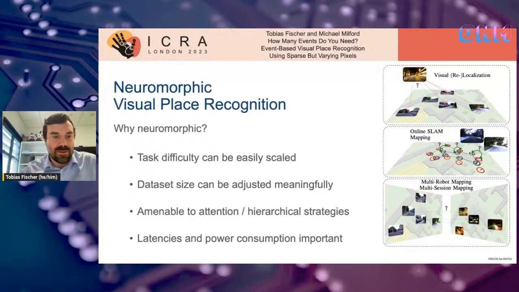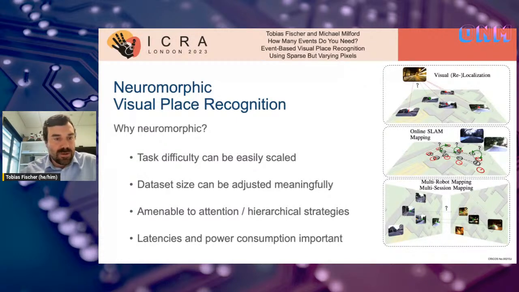If we leave autonomous vehicles aside, there are many use cases where you might not have the super drastic changes in appearance and viewpoint. There are many use cases where some simplifications of the task could still be deployed in real-world deployments.